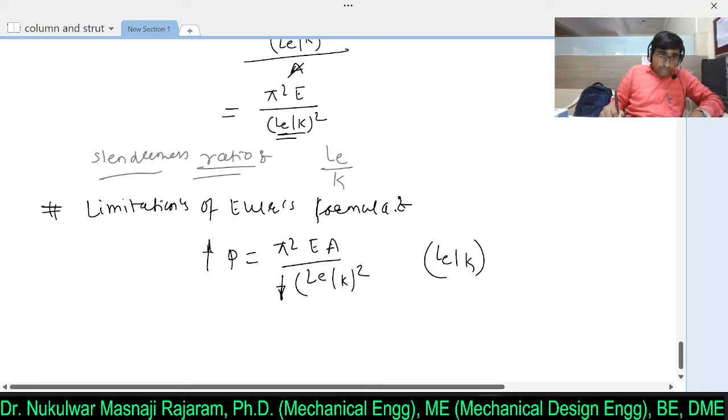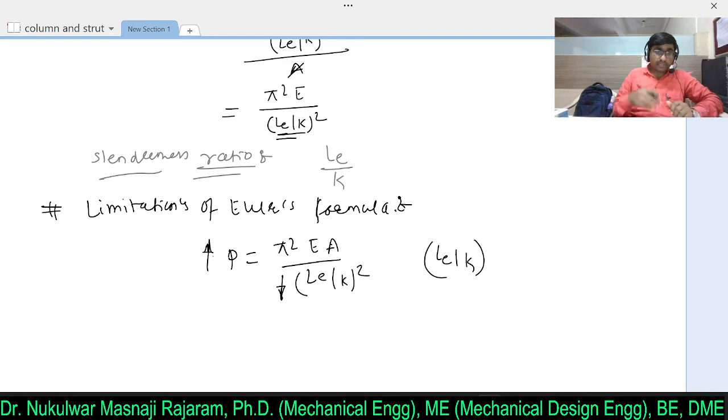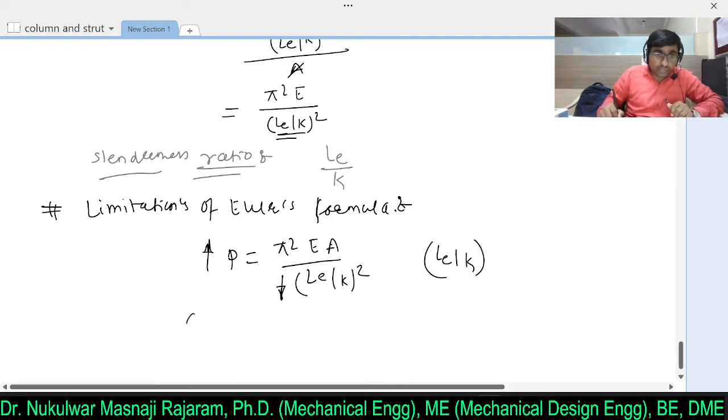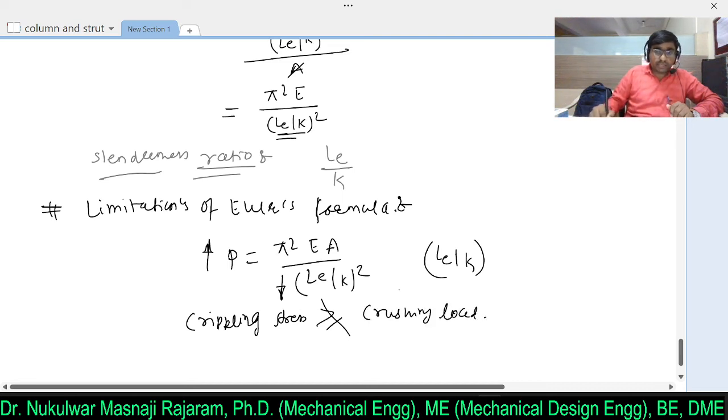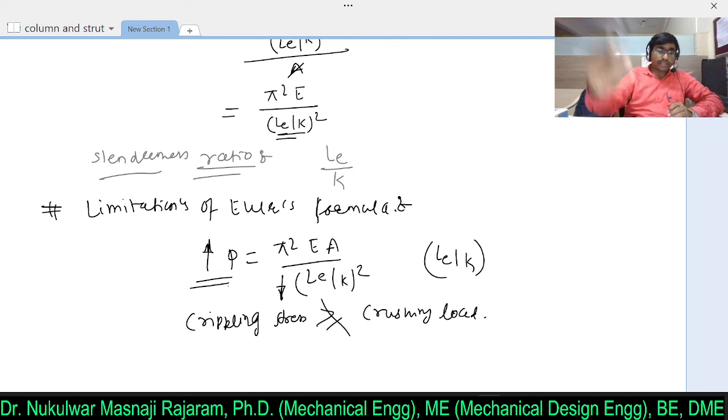This particular crippling load will be very high. However, crippling stress cannot be greater than the crushing stress, as we already learned. But in this case, if you observe, if this value is very small, at that time the crippling force is much greater.